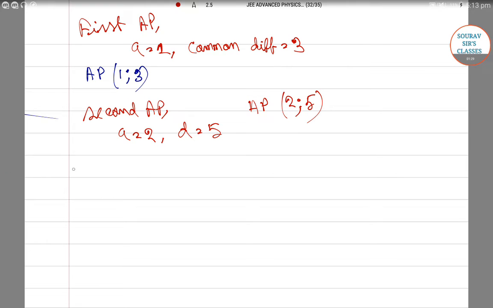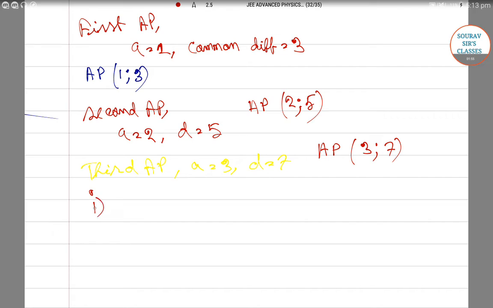And for the third AP we can write A equals 3 and D equals 7, as this AP is 3 and 7. So the first term is 3 and the difference is 7.